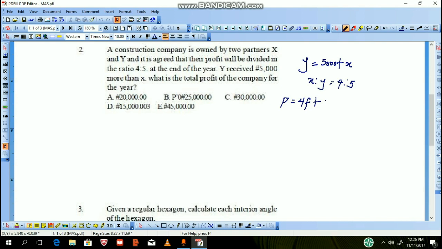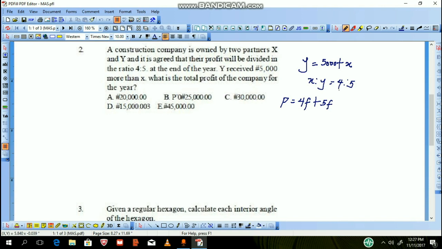Y is also going to receive 5 times the common factor F. Take note, this 4F is the total amount that X is receiving, while this 5F is the total amount that Y is receiving.